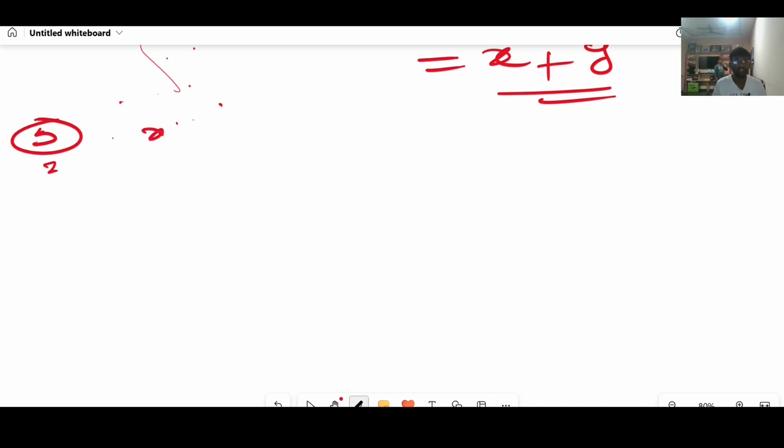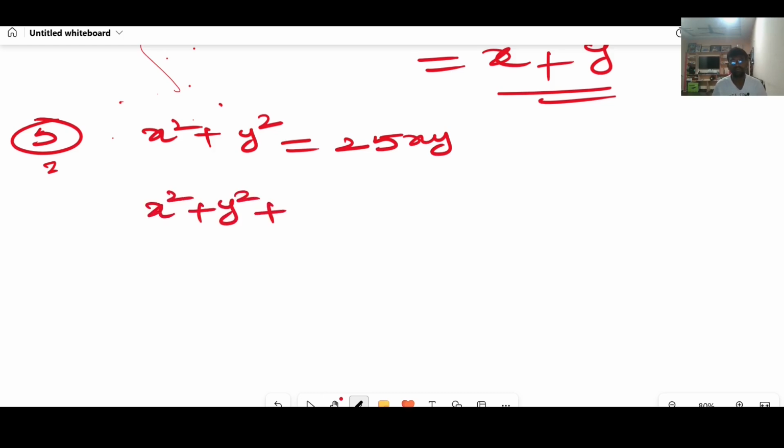Here x square. This is the most important question in this exercise, right? We need to prove 2 log (x plus y) equal to 3 log 3 plus log x plus log 5, right? I will add 2xy on both sides. 25xy plus 2xy.